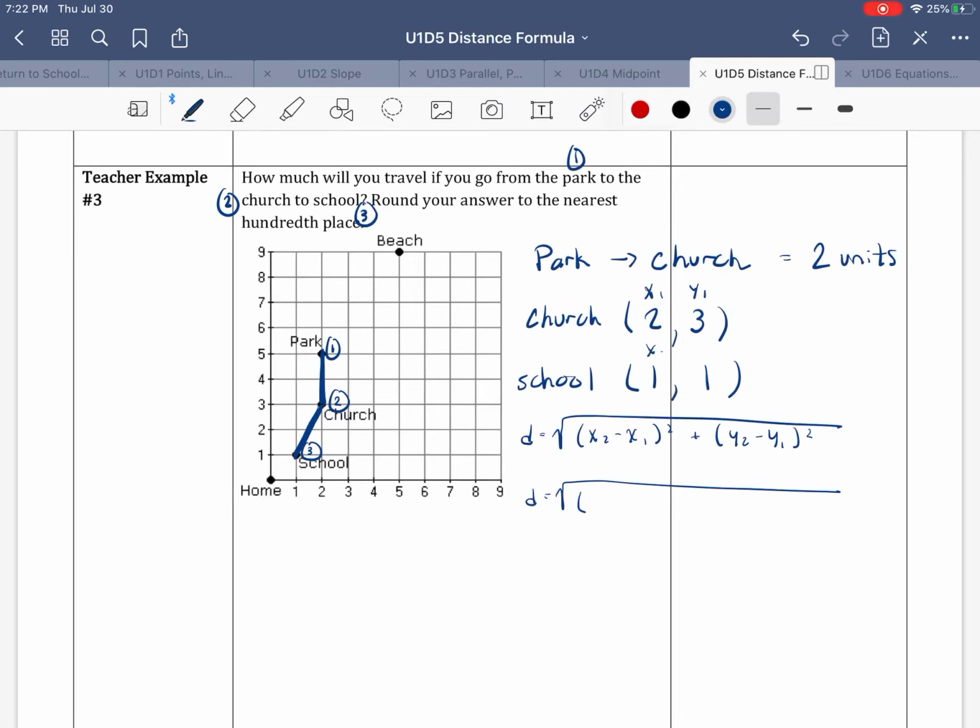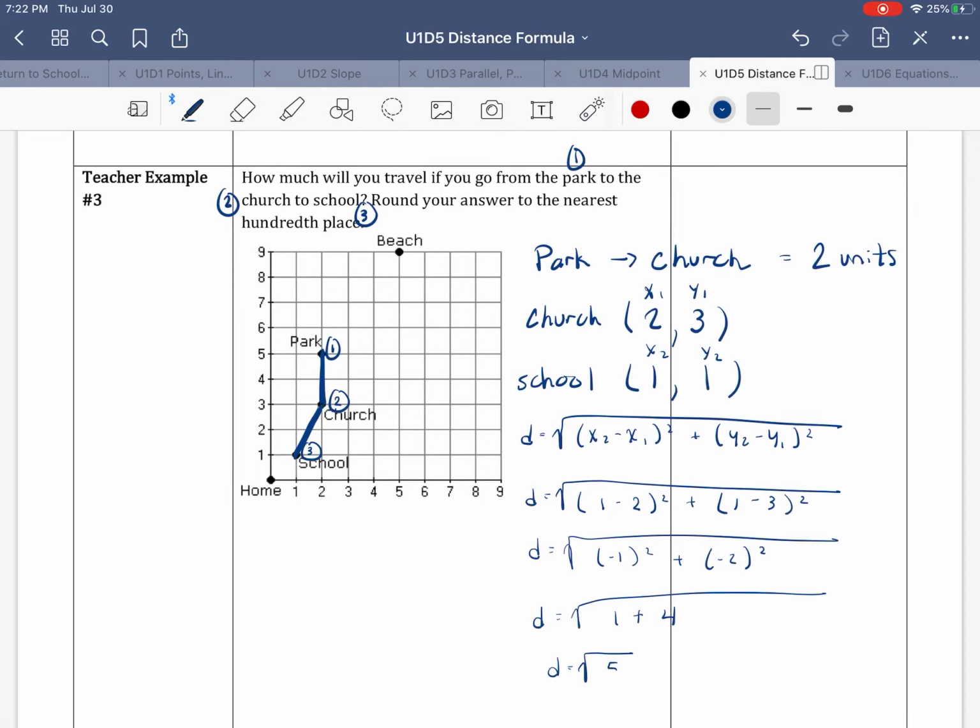And if we're labeling x1, y1, x2, y2, we're getting 1 minus 2 squared plus 1 minus 3 squared, which gives us a -1 squared plus -2 squared. Distance equals the square root of 1 plus 4, which is the square root of 5.